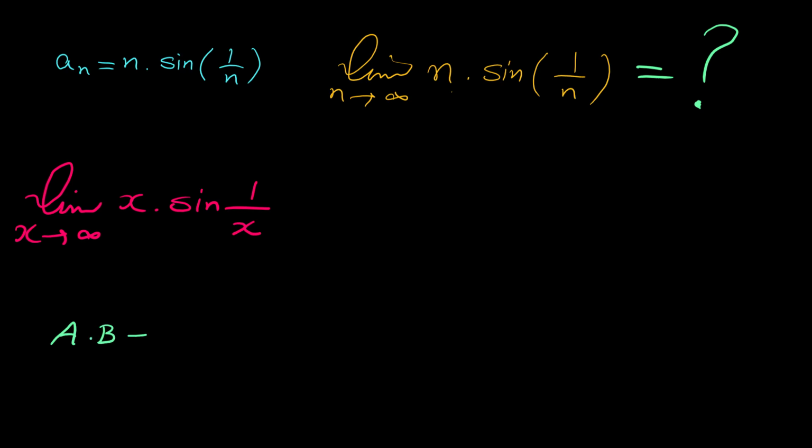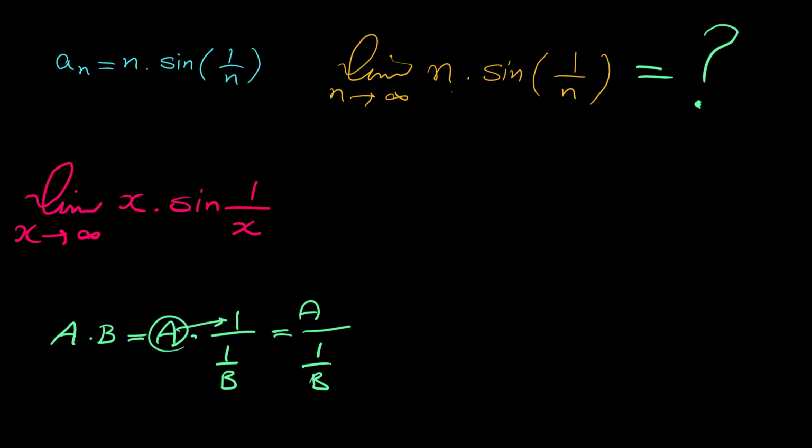Let me write this in a better way. A times b can be written as a times 1 over b, because 1 over b is again b. And we can write this as a over 1 over b.